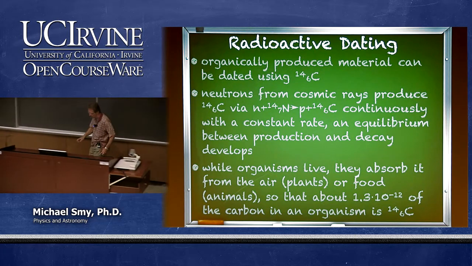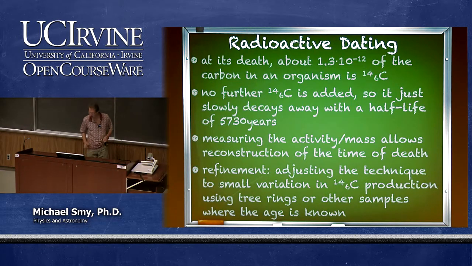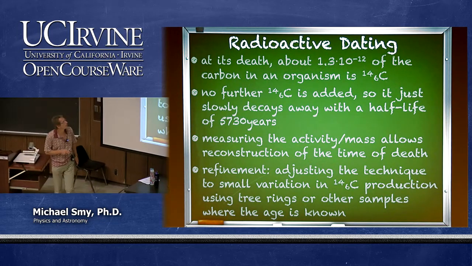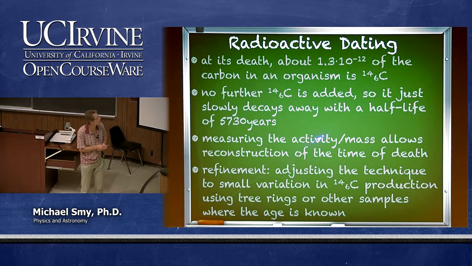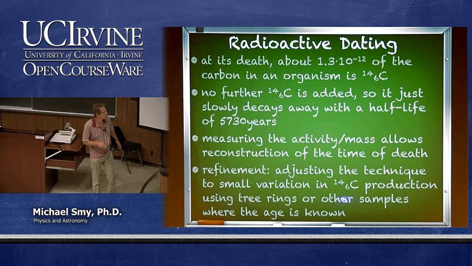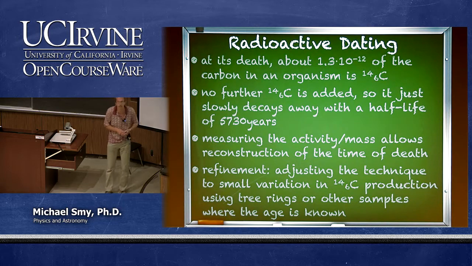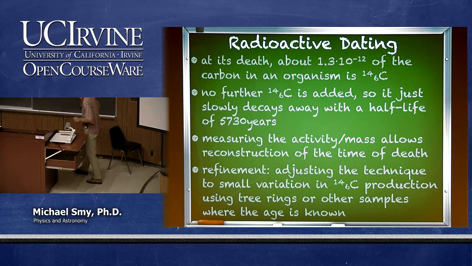But once the organism dies, no further carbon-14 is added, and the number of carbon-14 just decays away, and we can measure the activity, and that allows us to have an estimate of the time of death of the organism. And to refine this technique to adjust for small variation in the production rate, one uses tree rings or other samples where the age is known independently.